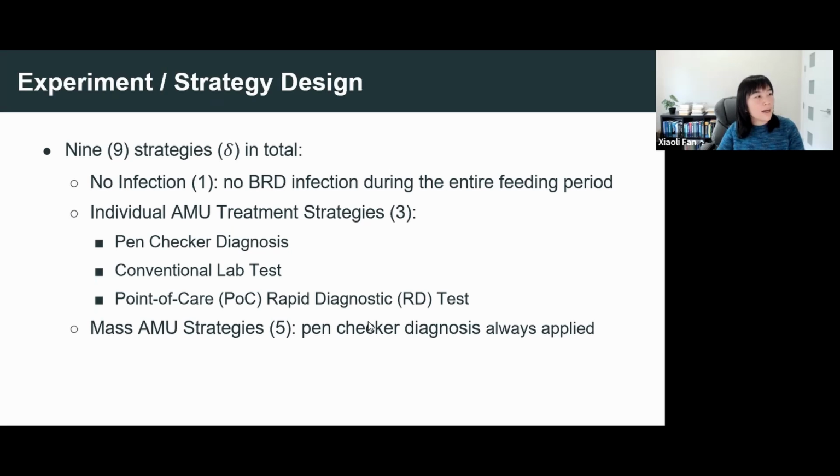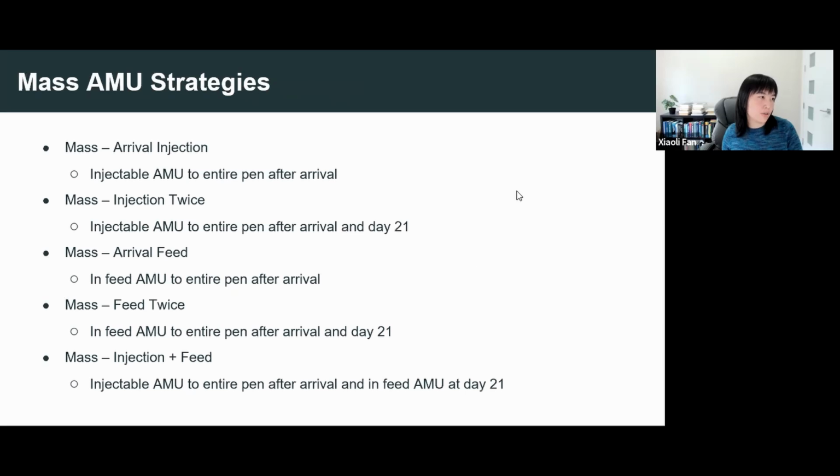We have 9 strategies in total. We have a no infection case, where we assume there's no BRD, no disease. Then we have 3 individual AMU treatment strategies, depending on which of the 3 test methods was used. And then we have 5 mass AMU strategies. These are the 5 group treatments.